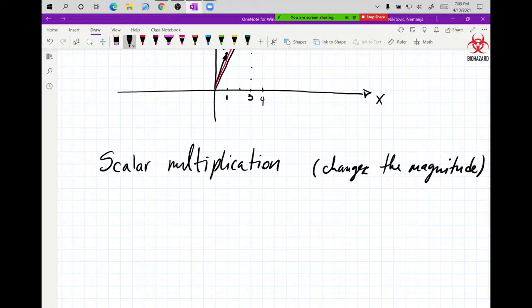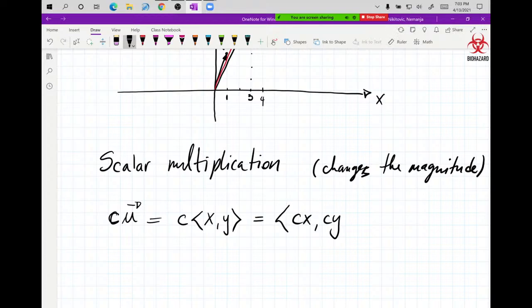It changes the magnitude. If I take a vector u and multiply it with some number in front, then that number will multiply each component of the vector. You would technically say, oh, it distributes. Yes, it distributes. That's what's happening.